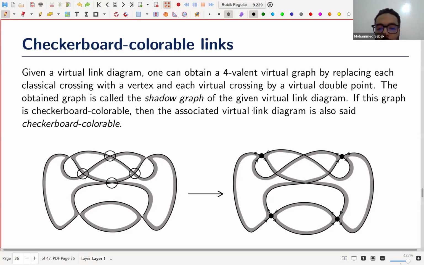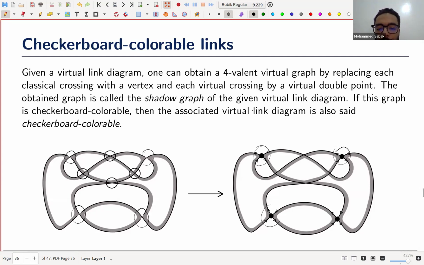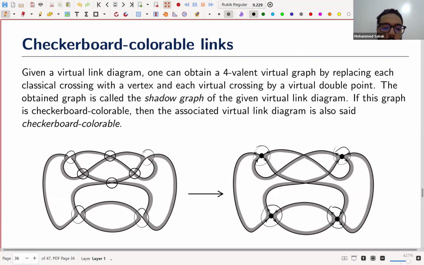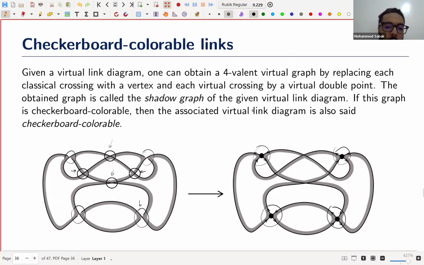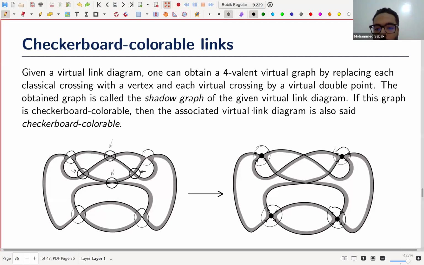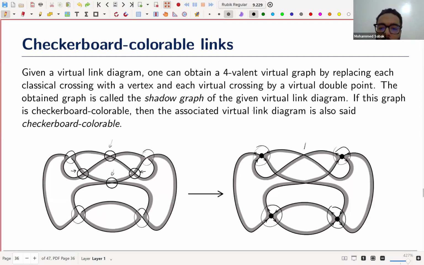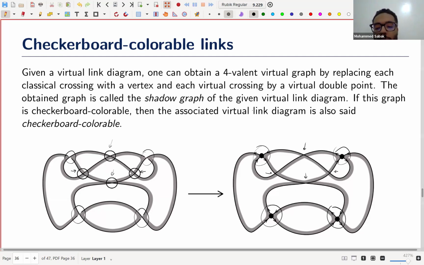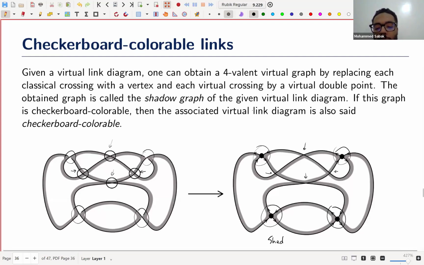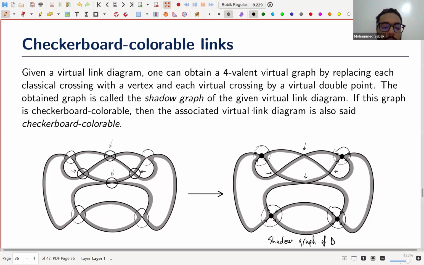Here, as you can see, the classical crossings become vertices, and the virtual crossings become virtual double points. This is called the shadow graph of the diagram. So this is the shadow graph of D, and this is D.